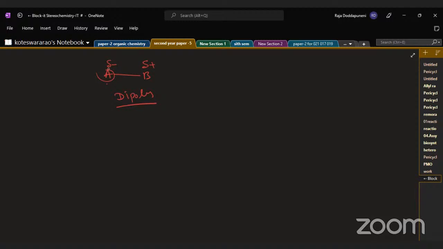Now, next one, intramolecular hydrogen bonding. The fourth one. The first one is torsional strain, due to bond overlapping. Van der Waals repulsion is due to the overlapping of van der Waals regions of two groups or atoms adjacent to each other. The third one is dipole-dipole interaction, due to already existing dipoles in the molecule.